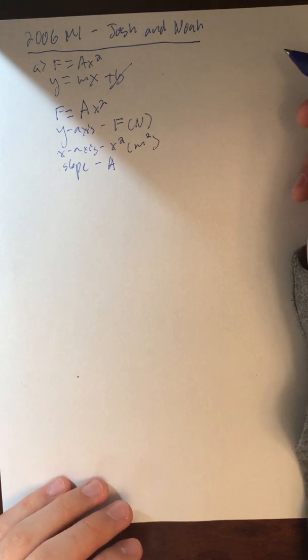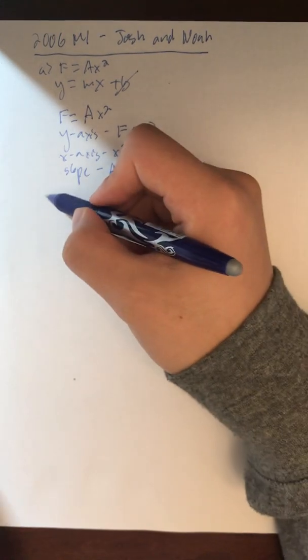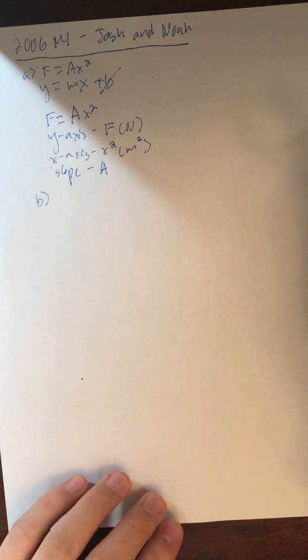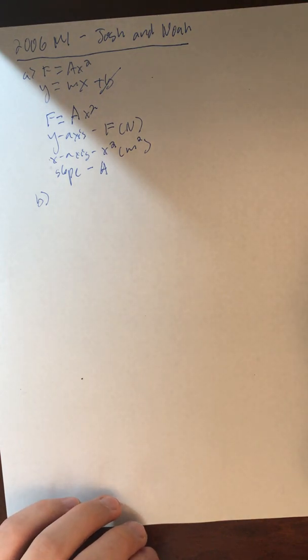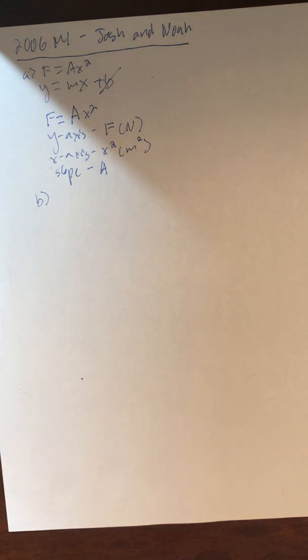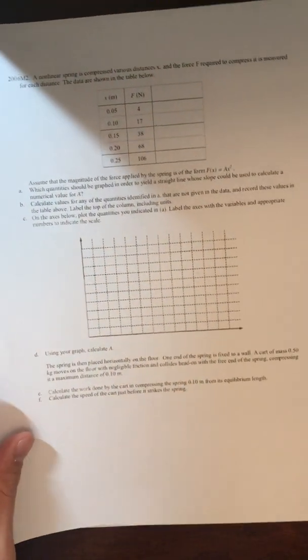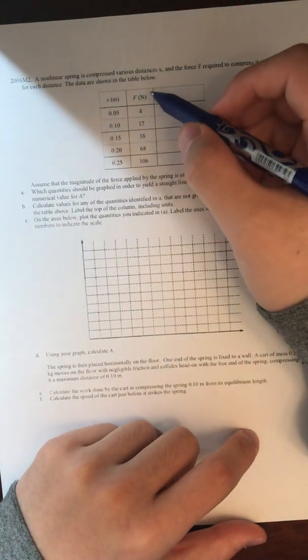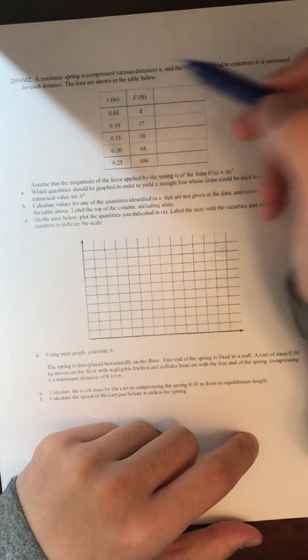And then part B now asks us to calculate the quantities that are not given in the data table. So what we see right here is our data table, and they filled out data points for F and for x.